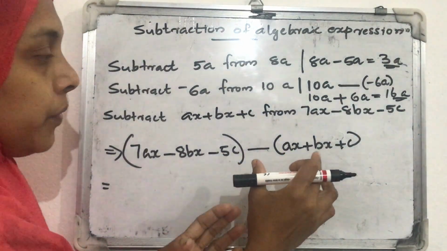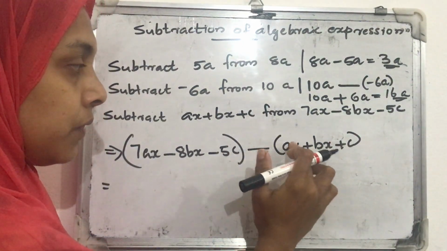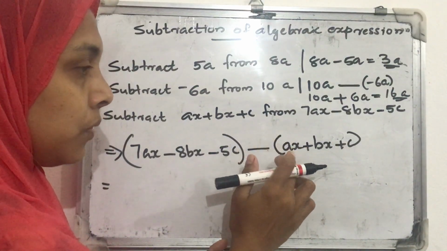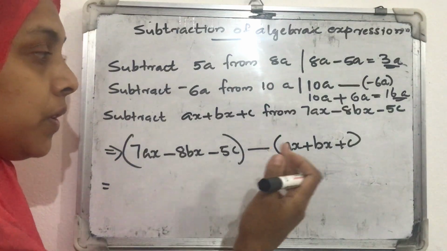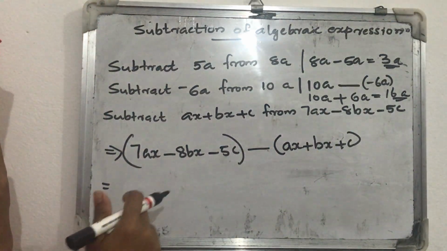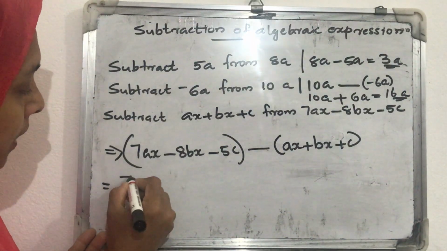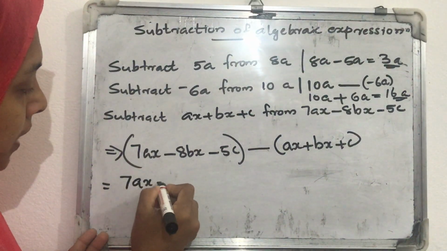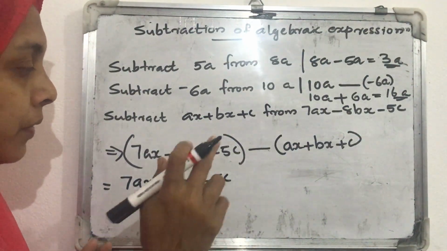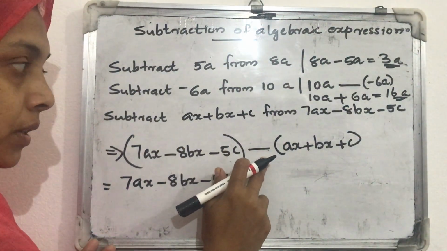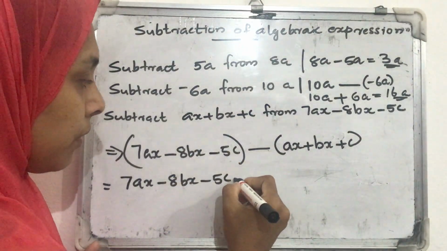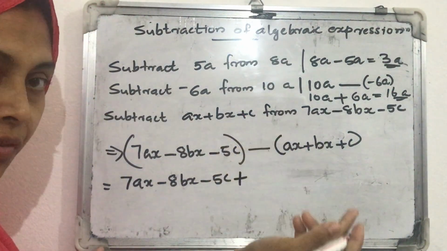If a term in the bracket is positive, it will change to negative; if it is negative, it will change to positive. We need to take care of that. So we write the first expression 7ax minus 8bx minus 5c, then instead of subtracting, we add the additive inverse of the second one.